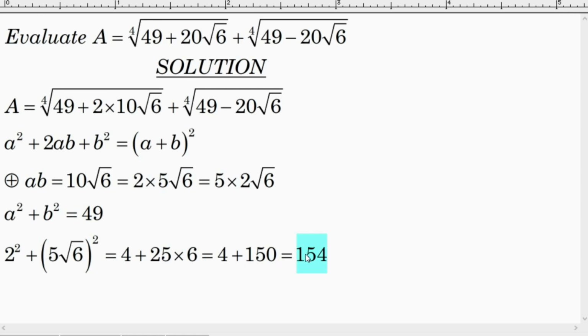If the value were equal to 49, then we could take a equal to 2 and b equal to 5 square root of 6, but this pair is not correct.